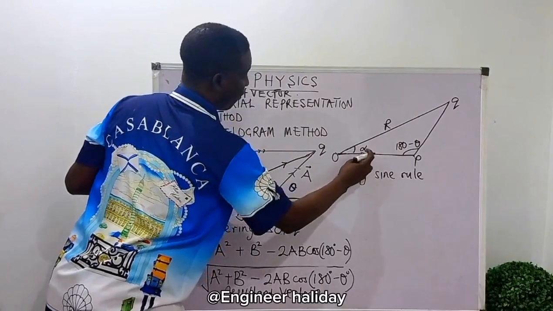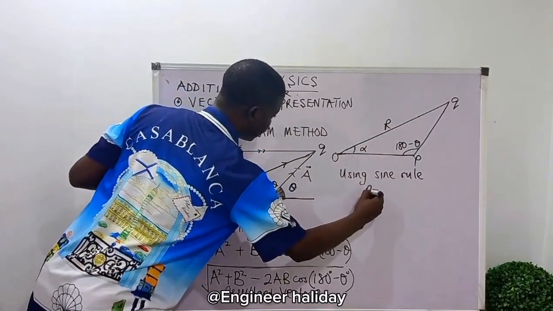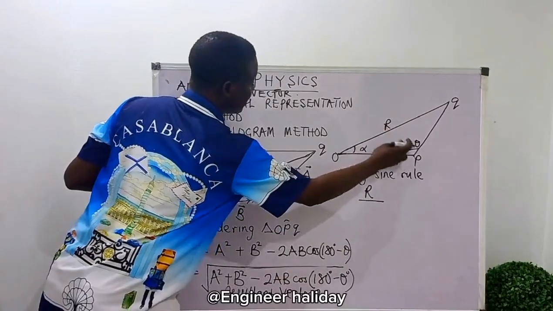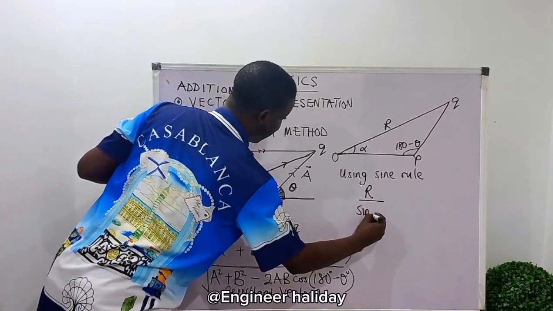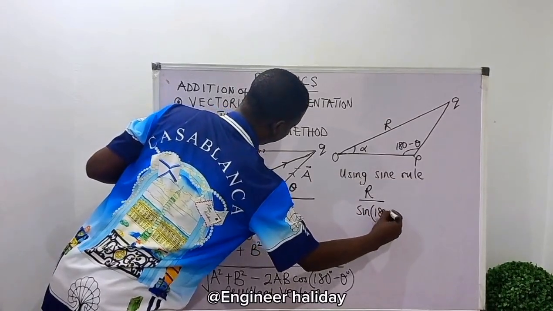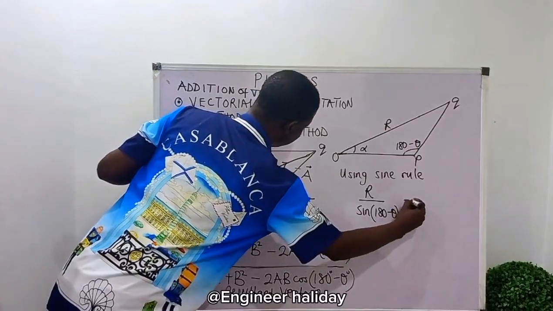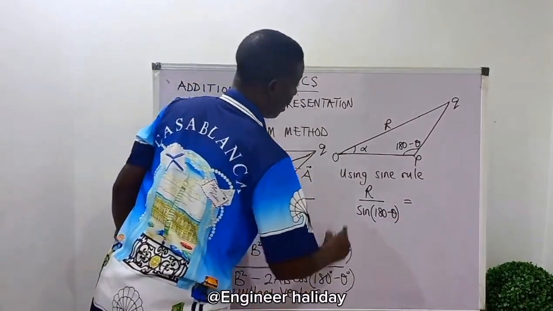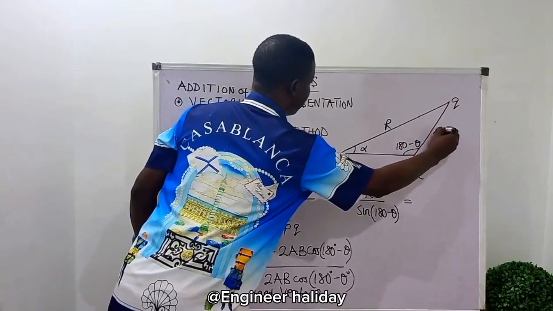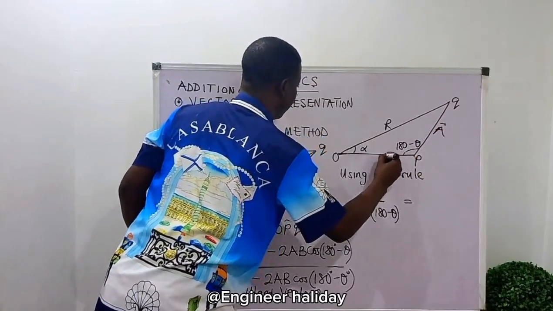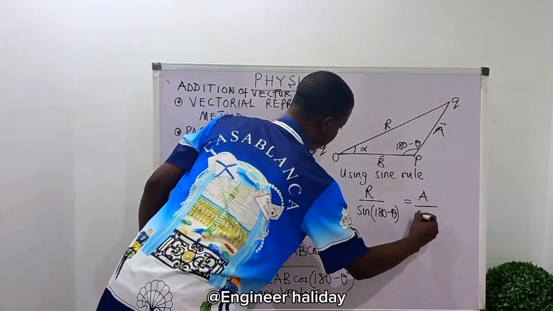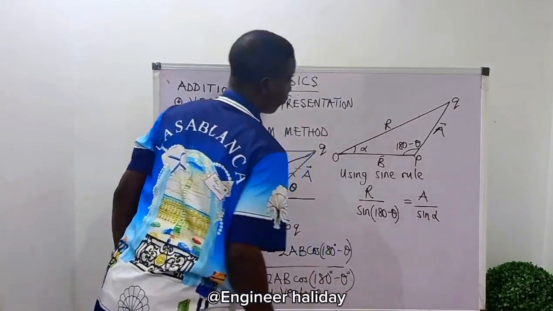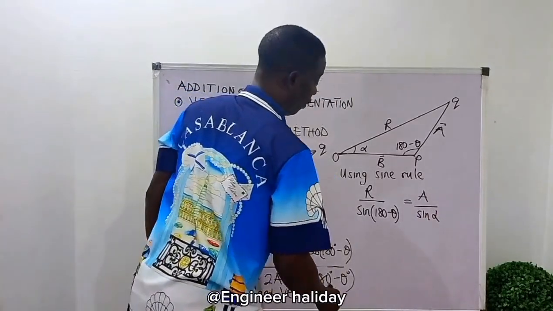Using the sine rule, we are going to find this particular alpha. We say R over the sine of the angle facing R is equal to A, and B over sine alpha, taking the side facing alpha.